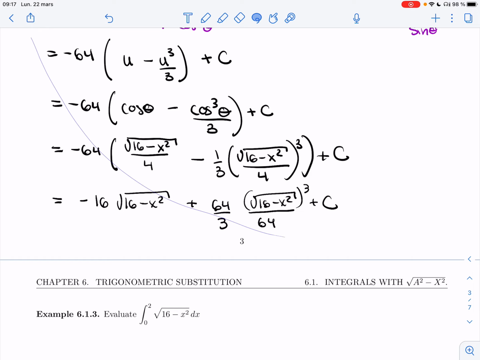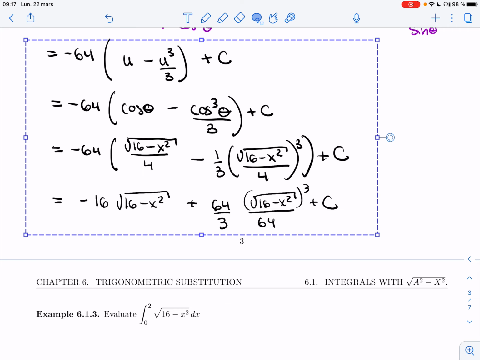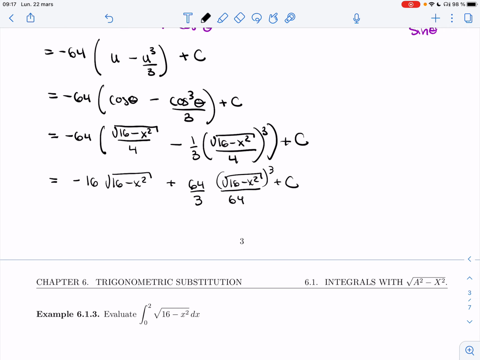Let me shrink this a tiny bit so I can rewrite it nicely. So I get minus 16, 16 minus x squared plus 1/3. And then I could write it as 16 minus x squared cubed plus c. So I had an extra 16 here. That wasn't supposed to be because this was cubed. All right, and this is the right answer.